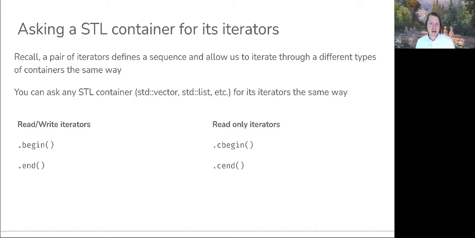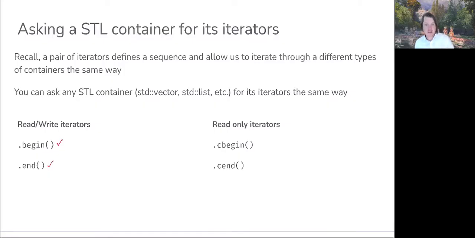If you want a read-write iterator such that you could update, say, a data value at a particular position, you would use whatever the identifier is .begin to have an iterator returned to you to the first element within that sequence, and .end to return one past the last.